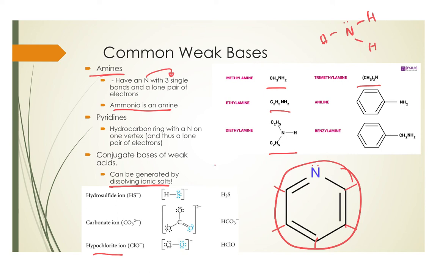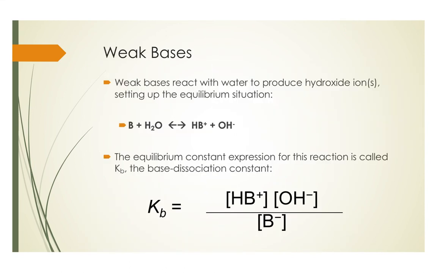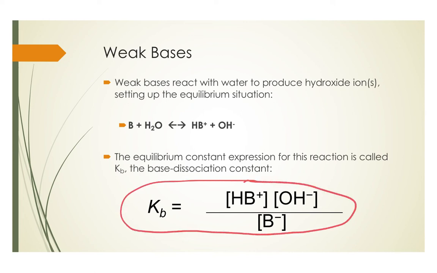And as a result of that, you end up with those being conjugate bases of weak acids, because if you add a proton to them, you get the species described over here. Okay, so for weak bases, again, here's our equilibrium. And we can therefore write an equilibrium expression called the base dissociation constant, or Kb, for that, which is HB plus OH minus goes to B minus.